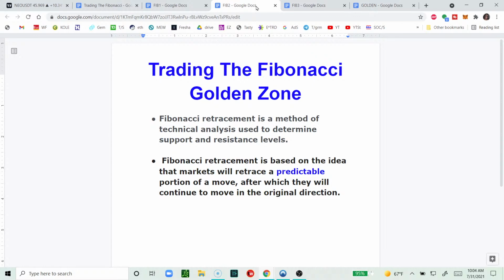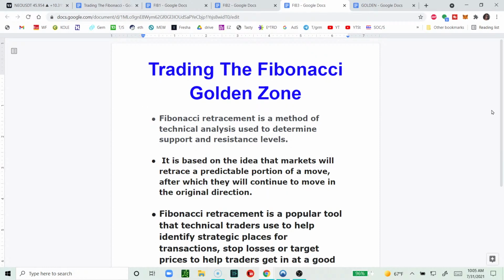I know we've all been there where you've been in a trade, you see the pullback, you exit probably before your stop limit. And the minute you exit, this thing begins to move. Situations like that are pretty common. So again, with the Fibonacci retracement tool, it helps you avoid these situations.